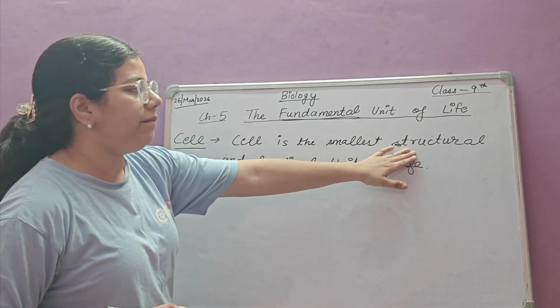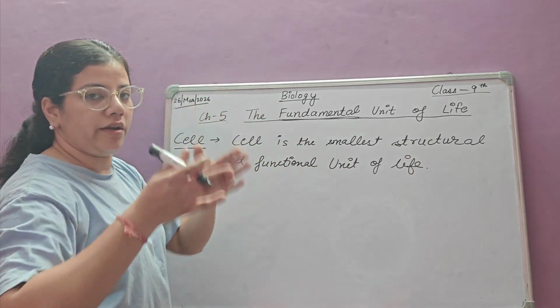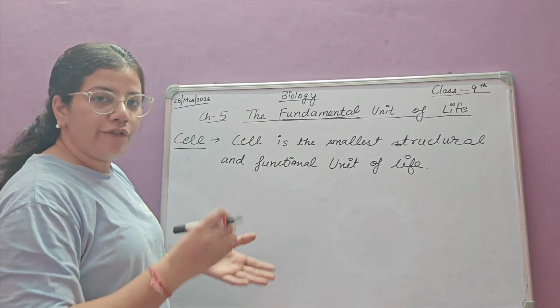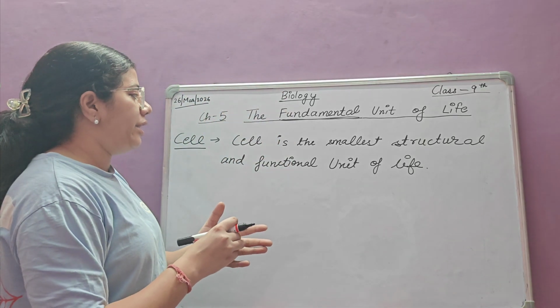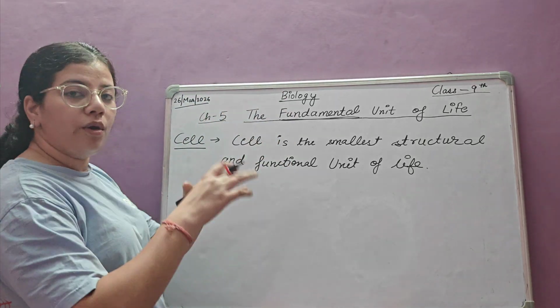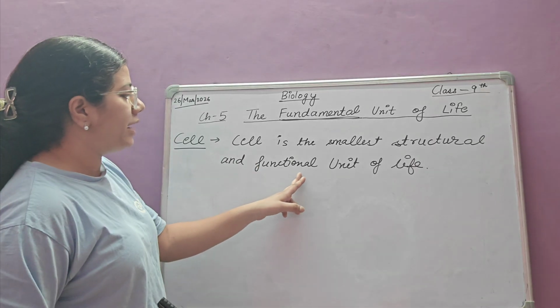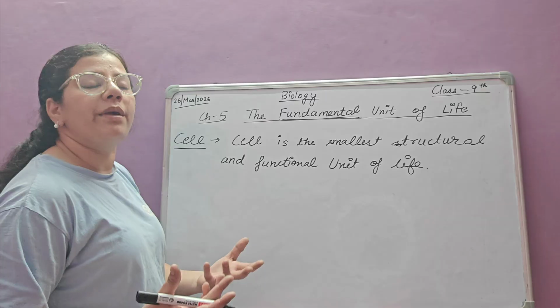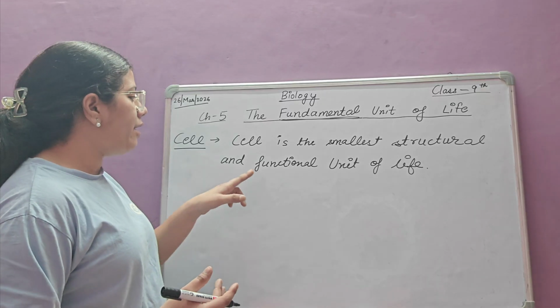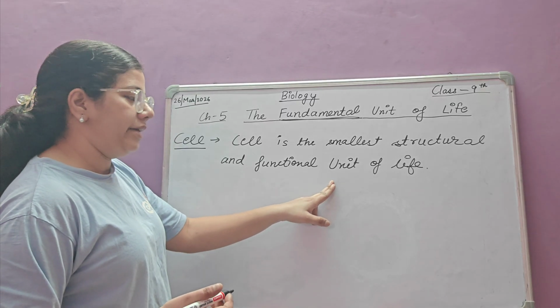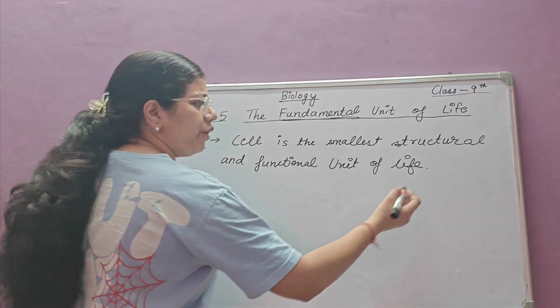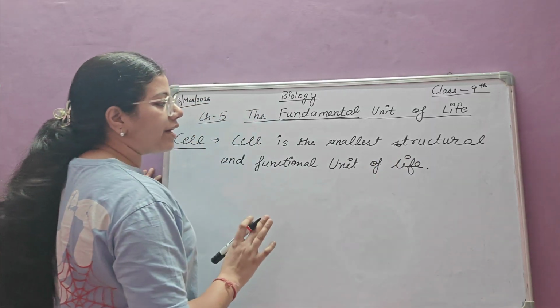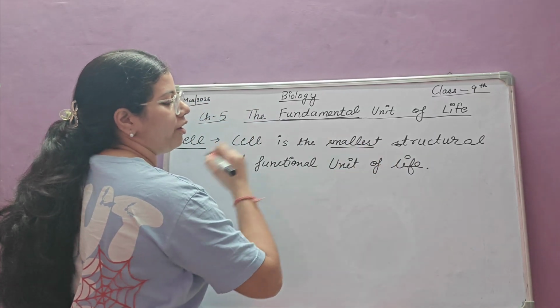Okay, so structural means it is making the structure, the entire structure of our body, from a cell to the tissue, then to the organ, then to the whole body. Now, what do you understand by the term functional? Functional means it is alone performing functions. Many functions are being performed in the cell itself. So it is the functional and structural unit, and it is the smallest unit of life.